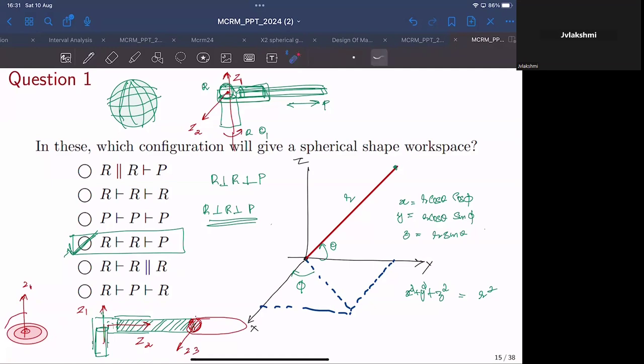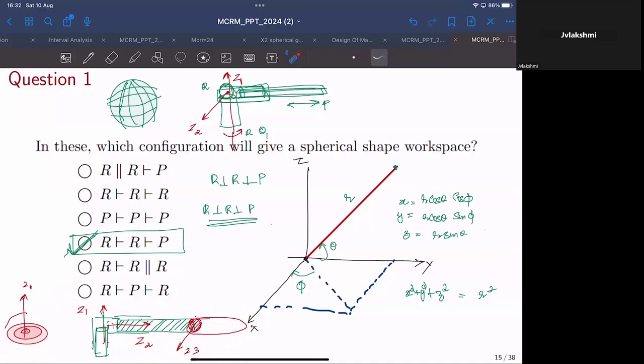At each point of this circle, it'll again draw a circle like this. That is what it is going to draw. This entire thing can rotate. If it is fully extended, it'll draw a circle like this about this Z1. And at the same time, this joint will also rotate like this. So it is not actually a spherical workspace.